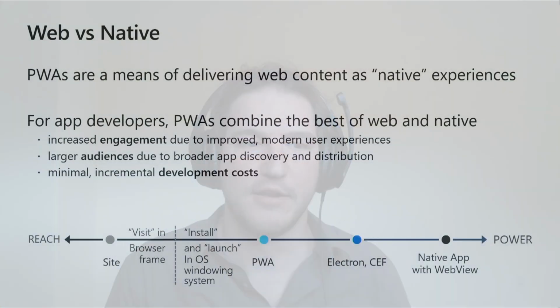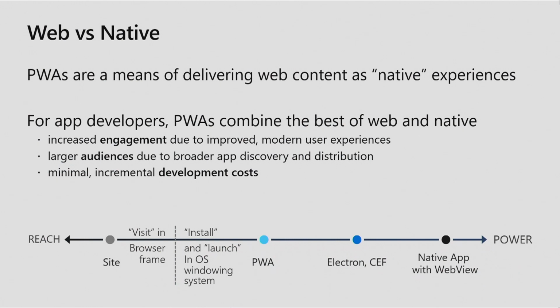So PWAs contain the best of web and native. Traditionally, native apps have had all of the power. They have the access to all the resources on the host machine, whereas web has the greatest reach, being indexed by search engines and so on. So PWAs are positioned between these two, where we want to take the best of the web and the best of native.